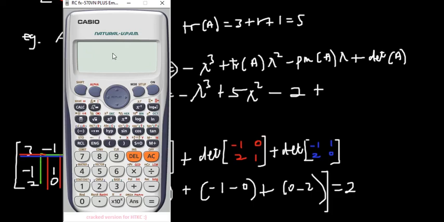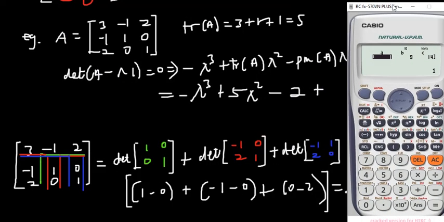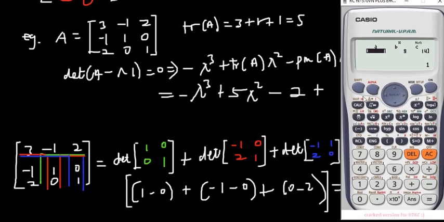First thing first, clear everything from your calculator. So shift 9 3 equal to sign, and then you click on AC. From here you click on mode, you choose 6, that's matrix. Then you click on 1, that's for matrix A, and you choose 1, that's a 3x3 matrix.